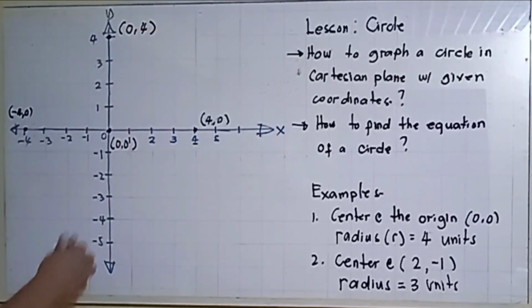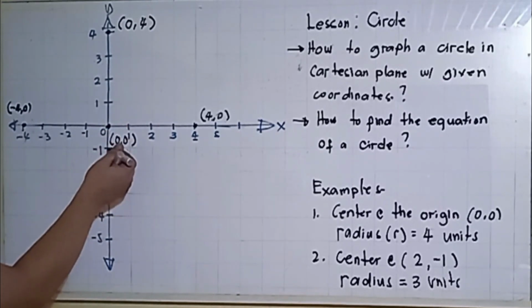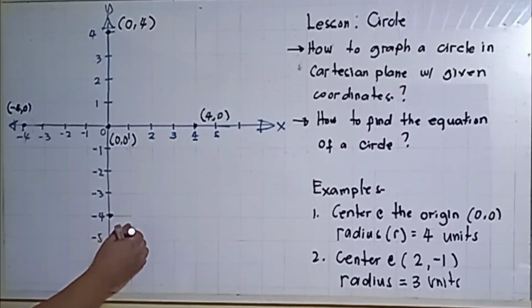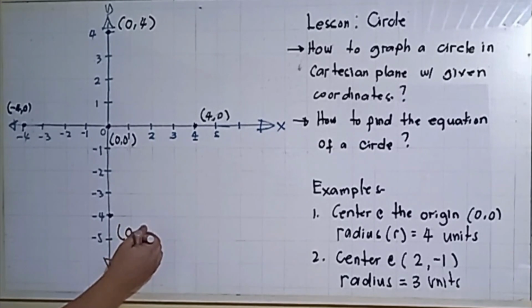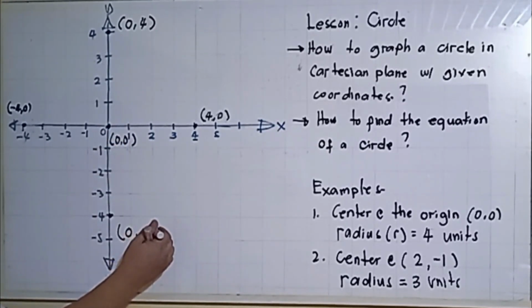Then, pababa naman, 4 units pa rin away from the center. 1, 2, 3, 4. Yung coordinate niya is x is equals to 0, and then y is 1, 2, 3, 4. Negative 4 kasi nandito siya sa bandang ibaba.